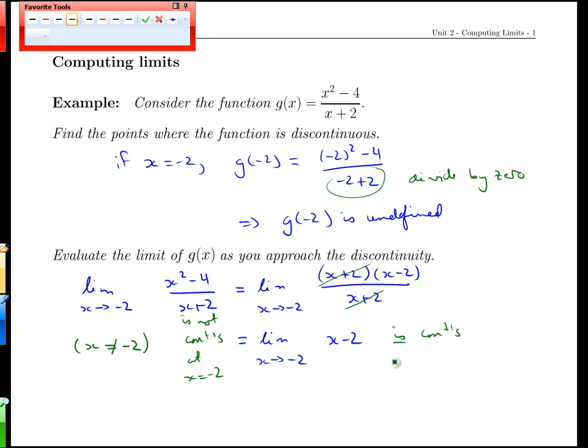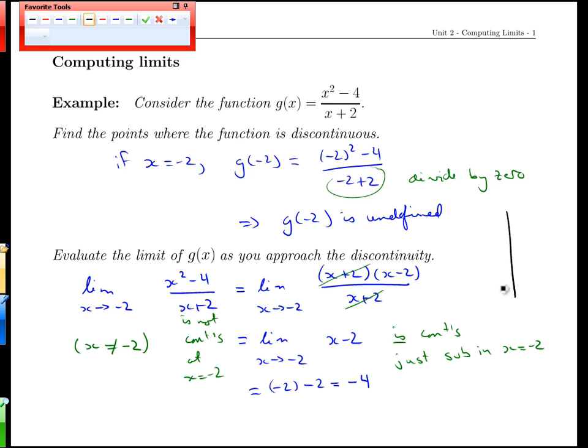And so we can just sub in x equals negative 2. Here we could not just sub in x equals negative 2 because we got our division by 0 problem. Here we can, so we get negative 2, that's our x being subbed in, minus another 2, equals negative 4.